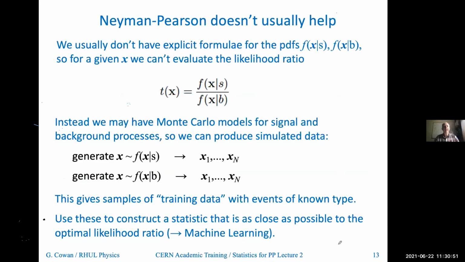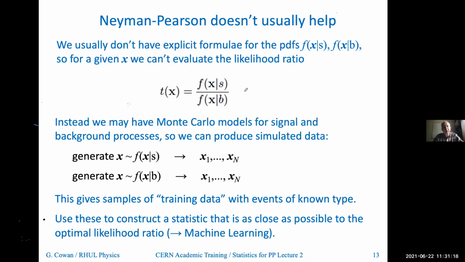All right. Now, that seems to have said that we've solved the problem. We've determined exactly how to set up every possible hypothesis test. The problem is that in practice, we often do not have explicit formulas for the PDF of the data for signal events and the PDF for the data for background events.